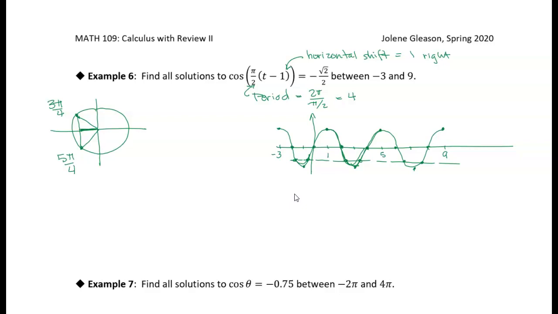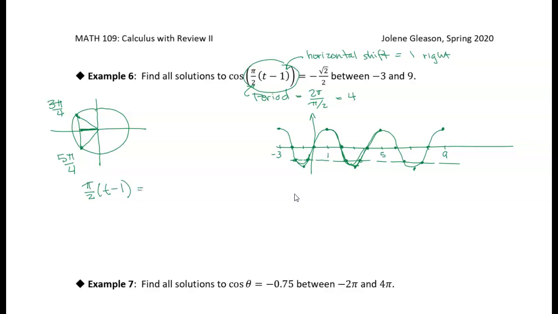Okay, so, all right, now we know this whole thing that we're taking a cosine of has to be either 3 pi over 4 or 5 pi over 4 or some angle that's coterminal with those, right? So the thing that we're taking a cosine of is pi over 2 times t minus 1.